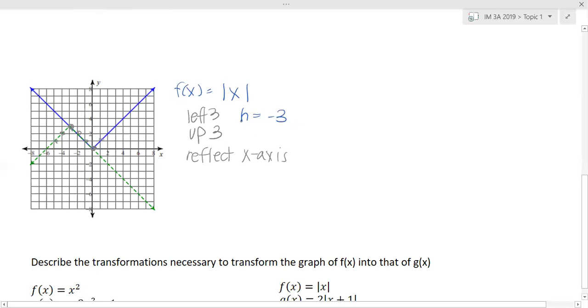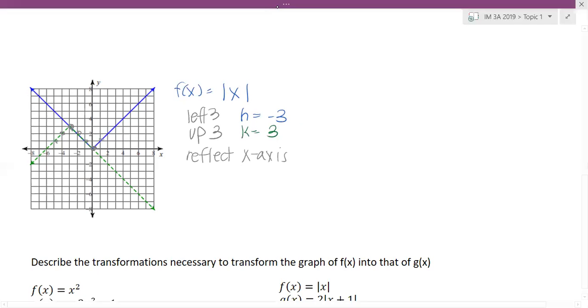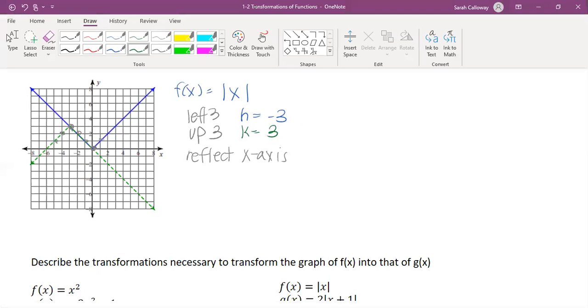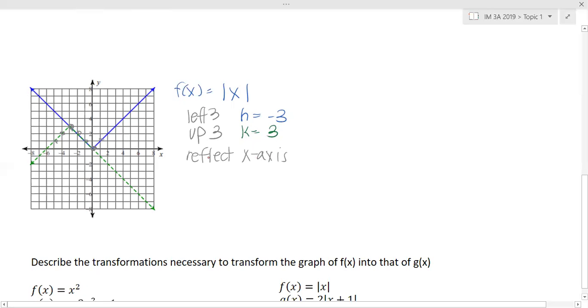Up 3 tells us that K is equal to +3 because up is the positive direction. And then finally, a reflection over the x-axis, but no stretch or shrink, tells us that A is equal to -1. So it just changed the orientation, not the overall shape.